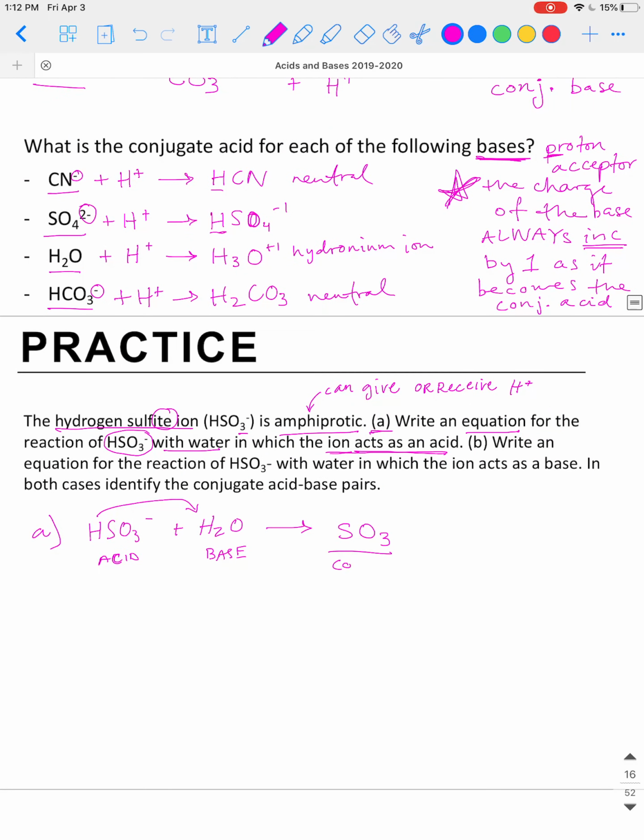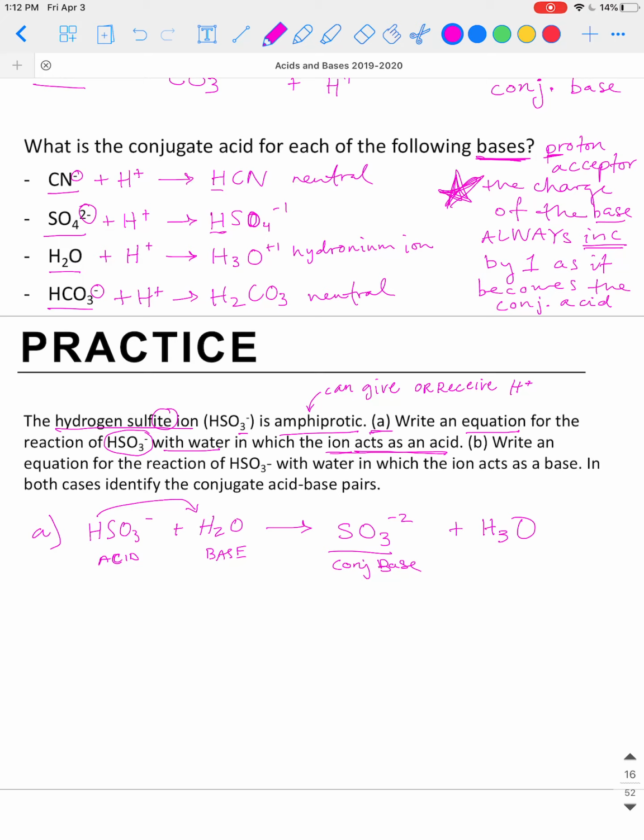The charge of the acid always decreases by 1 as it becomes the conjugate base. So this is our conjugate base. The charge was -1. It's going to decrease by 1, so it becomes -2. The base was water. It receives a hydrogen, so now instead of H2O, we have H3O.